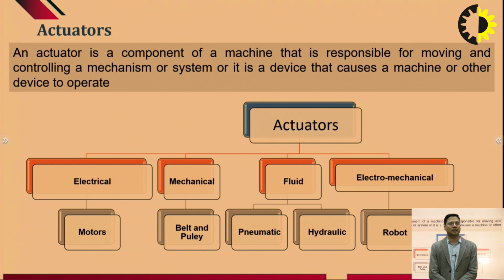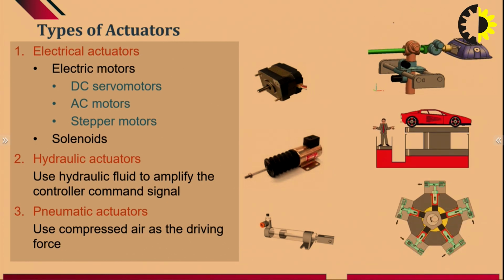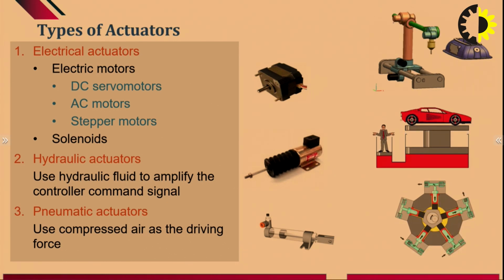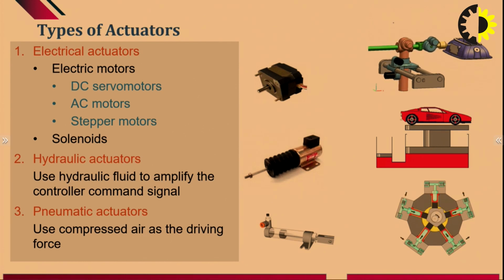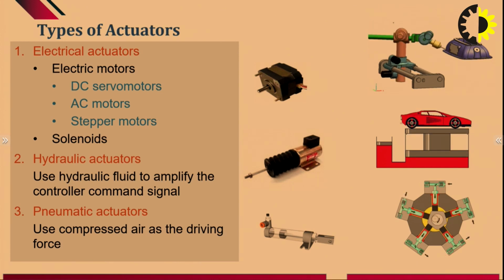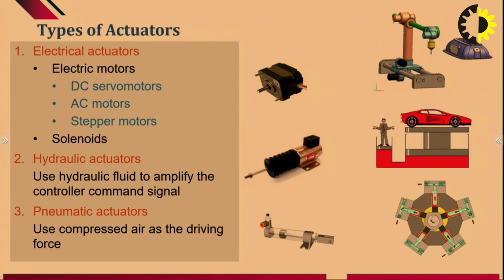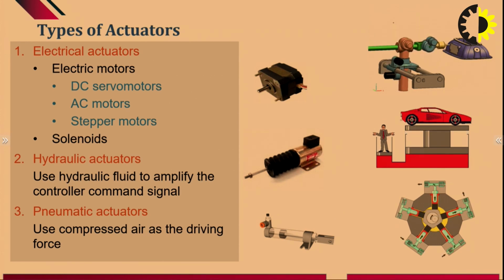Robots are an example, as they implement the electromechanical operation. If you talk about the types of motors in electrical actuators, we have DC servo motors, AC motors, stepper motors, and also solenoids, which perform upon the electrical signals received from the sensors or from the devices themselves.